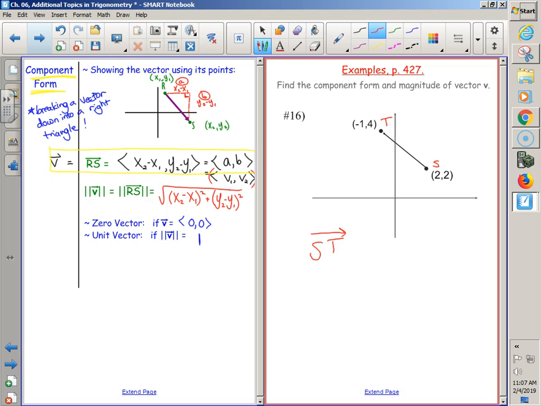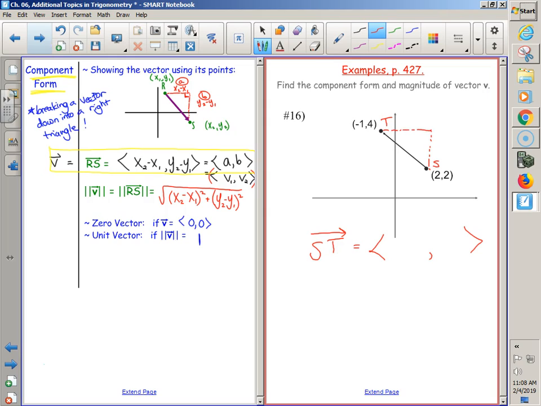I see him. But how could I write him in component form? 3? Yeah. Let's check Joe. Does it go up 3? No. It's -3. Don't we have to go left? Good.